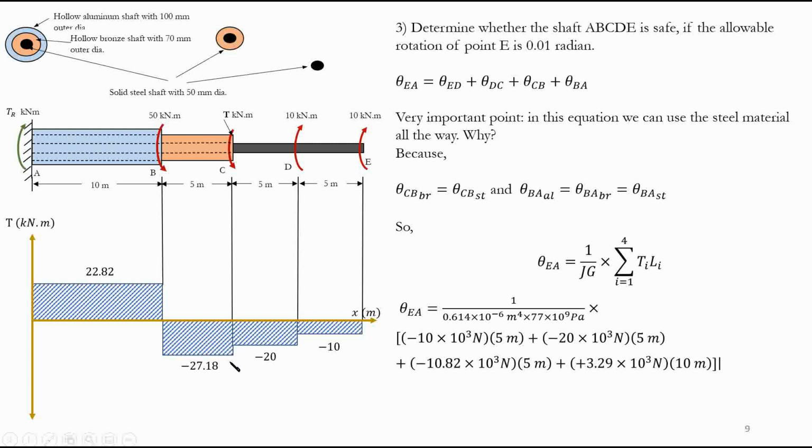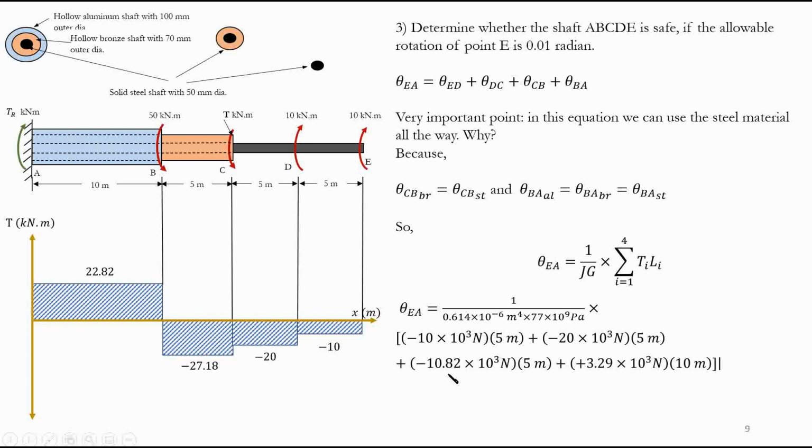But 27.18 is the total torque. Some of the torque is taken by the bronze, some of it is taken by the steel. How much is taken by each, we found on the previous page. 10.82 was taken by the steel. So you can't use 27.18 as total here, because we're either using the bronze or the steel, since we know they have the same rotation.